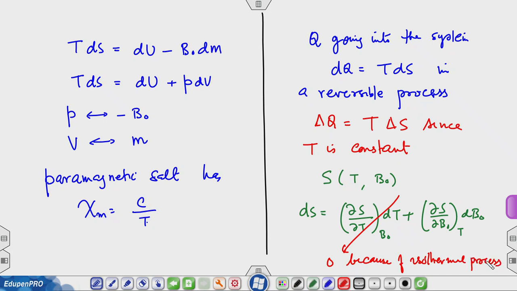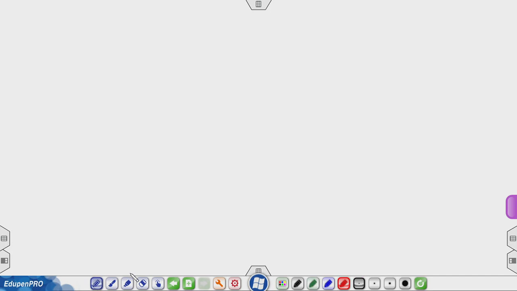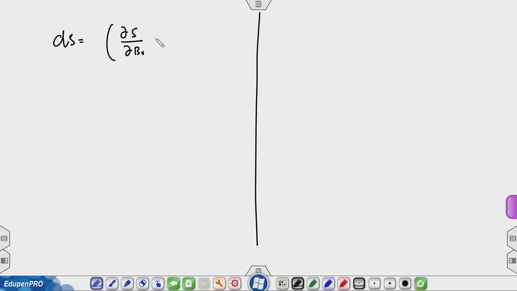And therefore, I can write dS equal to partial S partial B0 at constant T dB0.